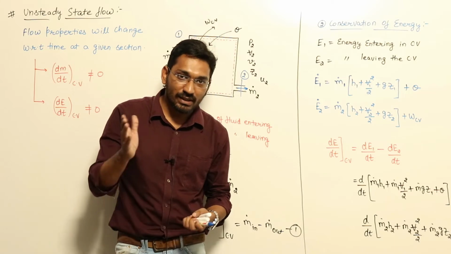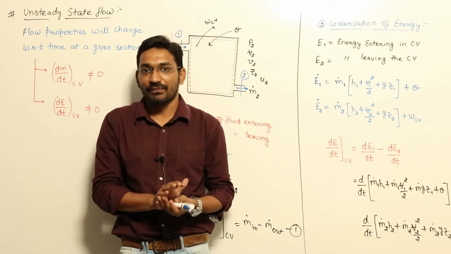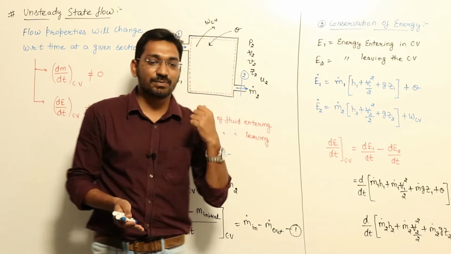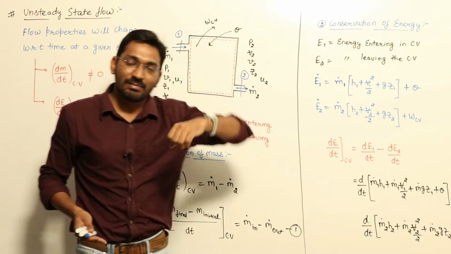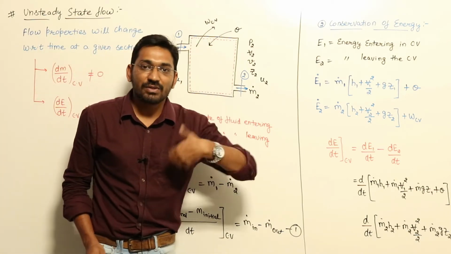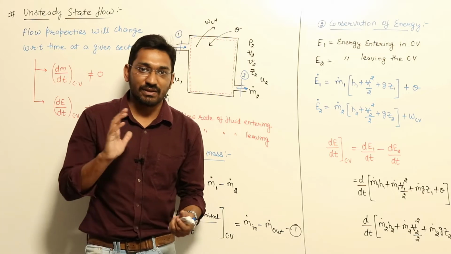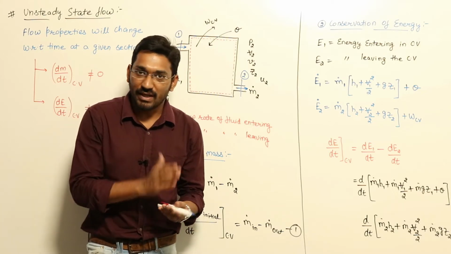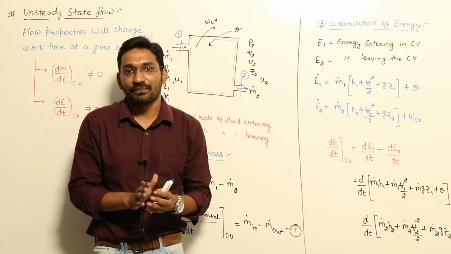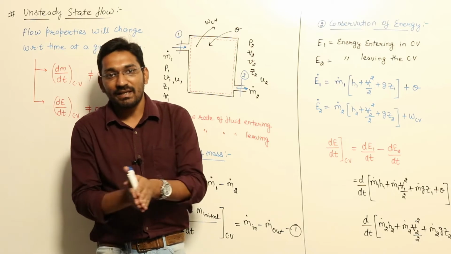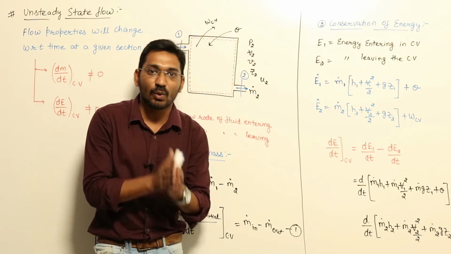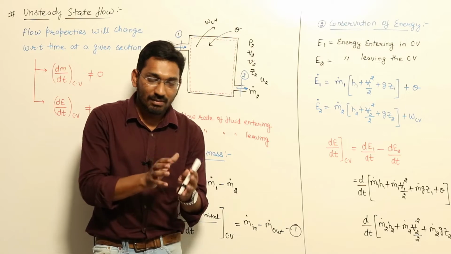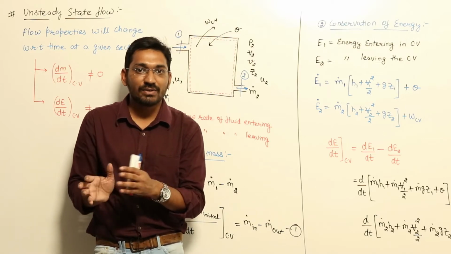Now if the flow is unsteady, there can be two things possible inside this system. Because of mass transfer, mass can change, and because of energy transfer, energy can change. In case of a steady flow, we already studied that the flow is steady if there is no accumulation of mass in the control volume, meaning the mass of the control volume will not change.